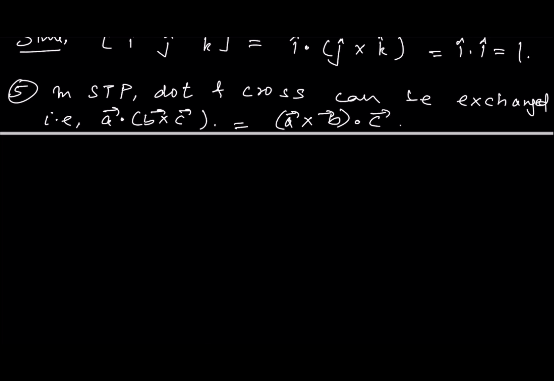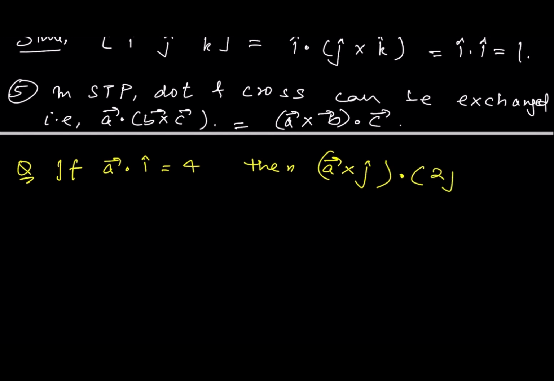Okay, now let us do a question based on point number 5. Question is, if A dot I is equal to 4, then A cross J dot 2J minus 3K is equal to question mark.